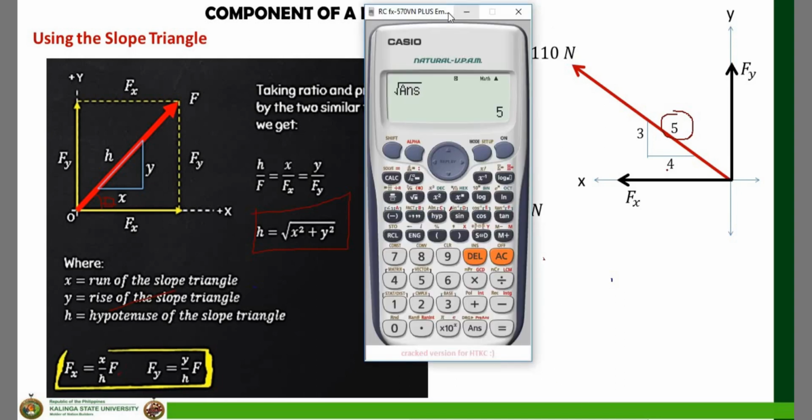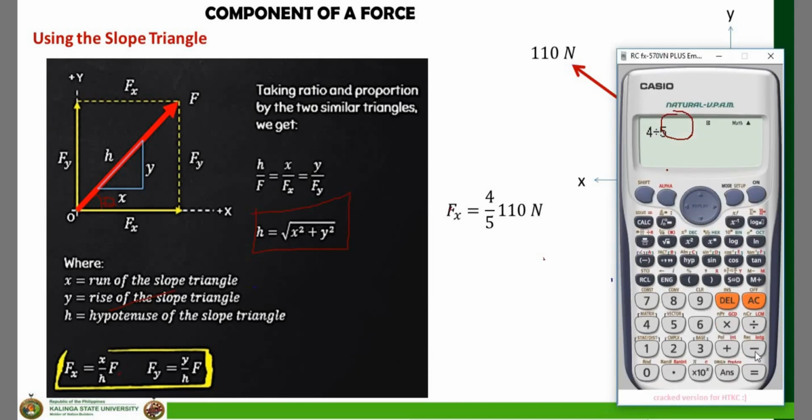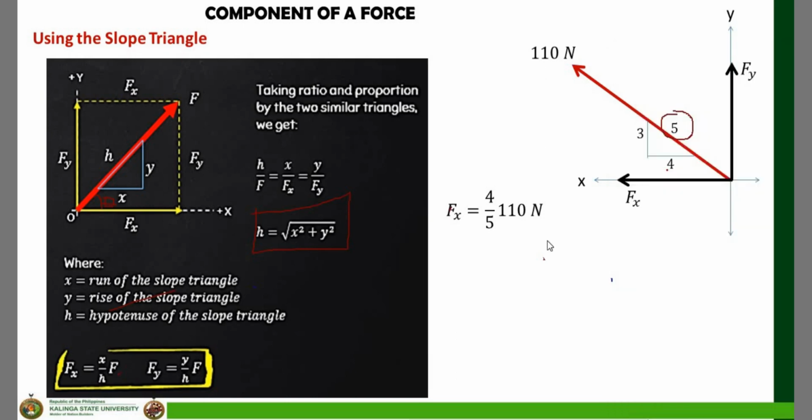So entering this in your calculator, that is equal to 4 divided by 5 multiplied by 110. That is equal to 88. So Fx is equal to 88 newtons. Again, do not forget to include the unit.